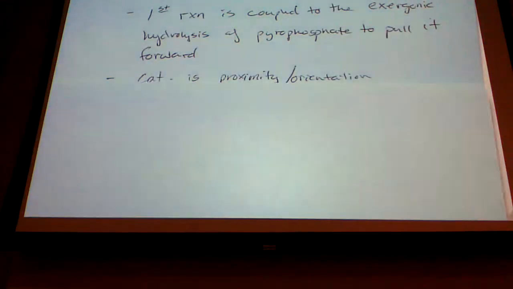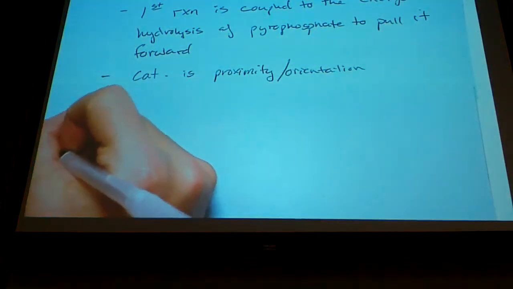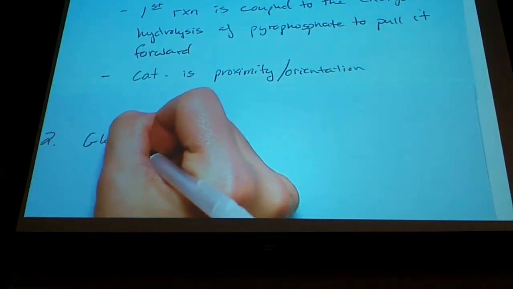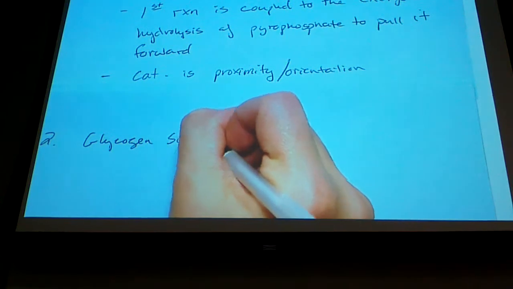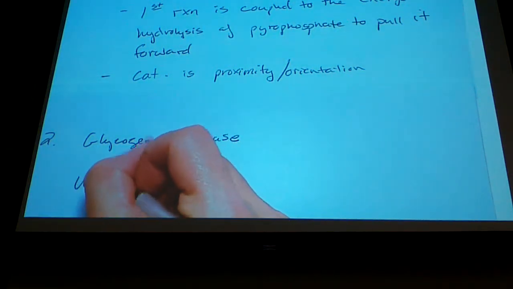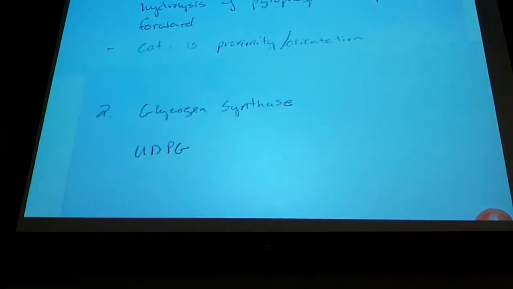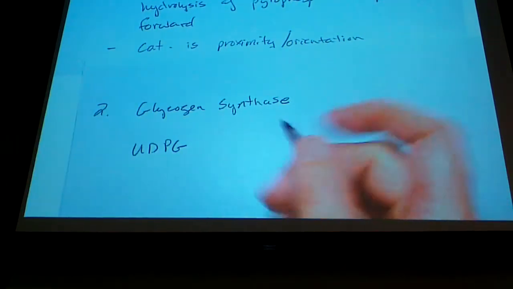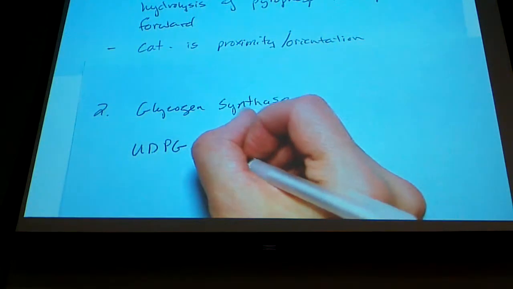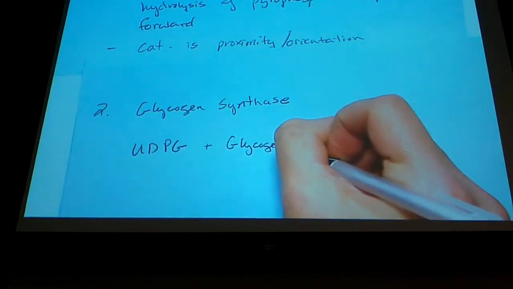So then, our second one is glycogen synthase. And that's going to take UDP glucose plus glycogen of N units long.